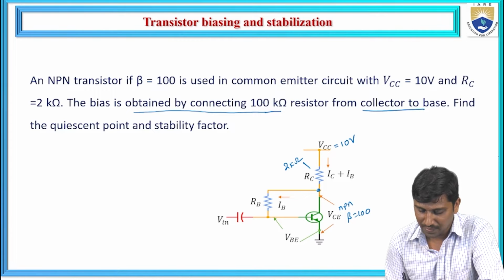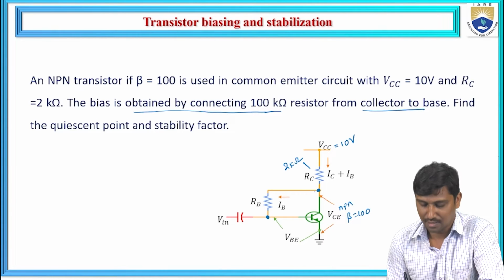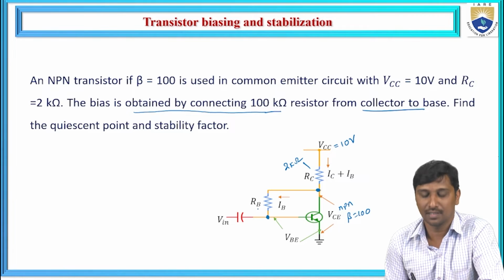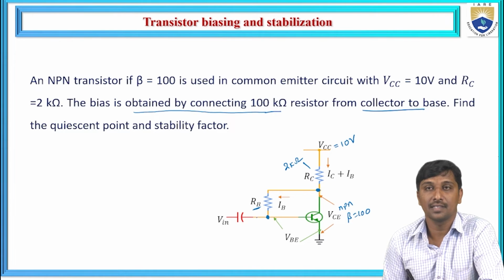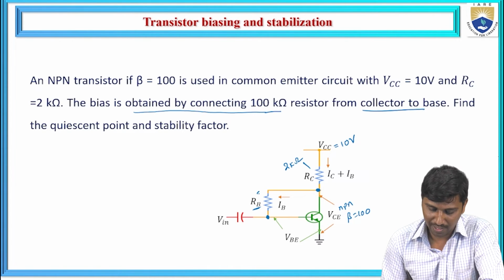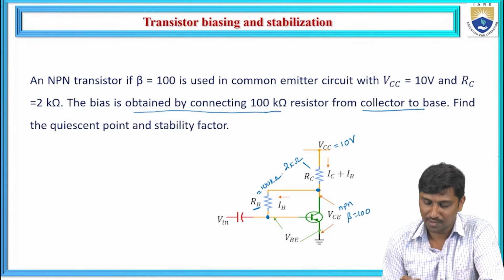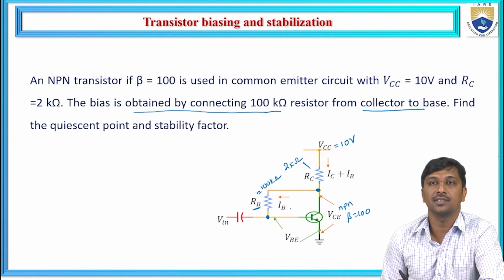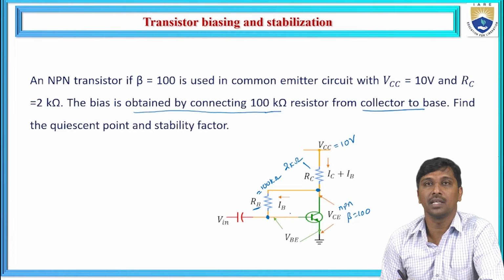So this biasing resistance RB is placed from this node to this node, and its value is 100 kilo ohms. Hence the biasing is called the collector to base biasing method.